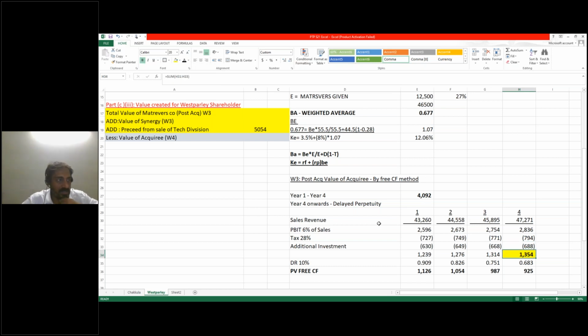1354. 1354 is equal to 1354 multiply by 1.02 divided by 0.08, and apply this complete bracket here.